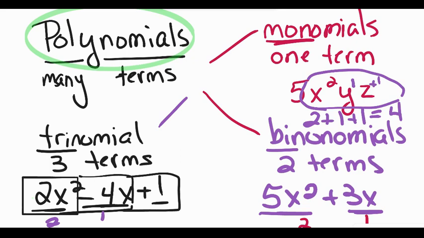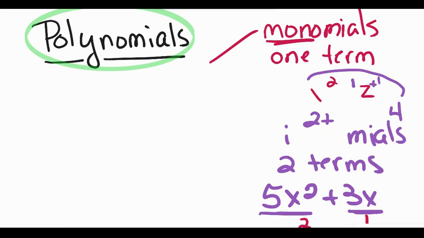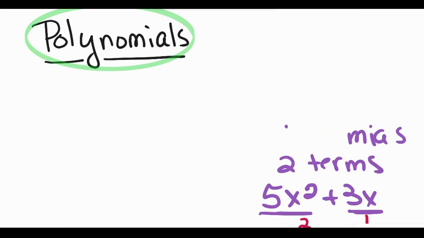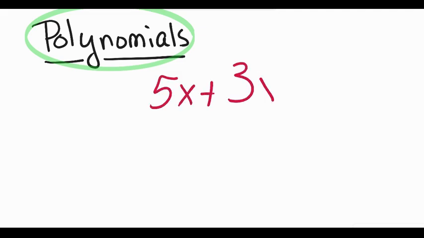Now, when we're going to put a polynomial in standard form, that means we want it by degree, the highest degree first, and then descending from there. So let's say I had 5x plus 3x squared minus 8. If I wanted to put that in standard form, I would have to look at the degrees. So let's look at the degrees for each one.